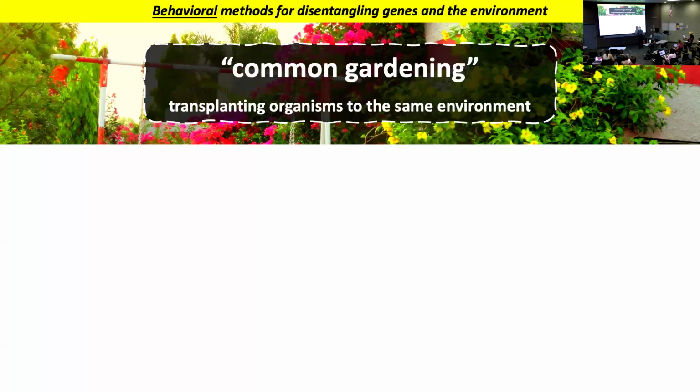If they end up looking the same, then the environment was responsible for that ecotype difference. If they come out looking different, then those persistent differences are probably heritable. The unit of inheritance that we focus most on is the gene, so it's probably genetic. That's the common garden.